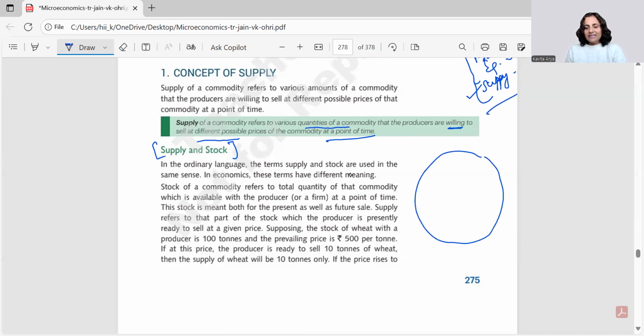If you say this is the stock of goods with somebody, supply is a subset of it, right? Stock is bigger, supply is smaller. He keeps a stock every day with him. He has got huge things in the godown. But what quantity out of that godown is taken out to sell today becomes a part of supply, right?